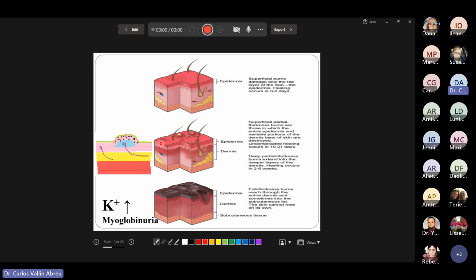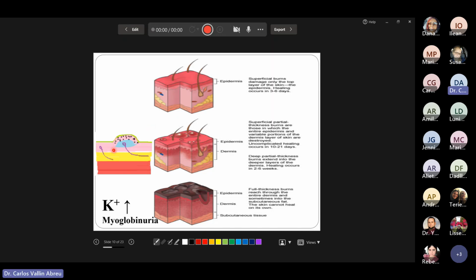In a partial thickness burn, only the most superficial part of the skin is damaged, is burned. So I represented here only part of the dermis, and of course all the epidermis, of this burn with those dark dots as the part of the skin that is killed, is damaged by the thermal injury.